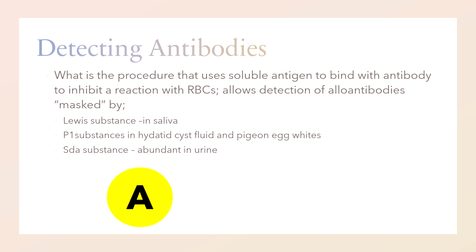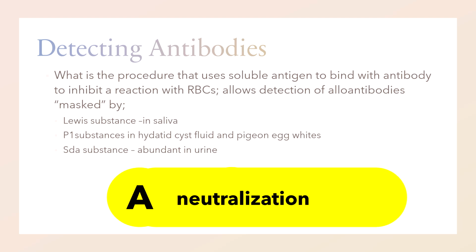It allows detection of alloantibodies masked by Lewis substances in saliva, P1 substances in hydatid cyst fluid and pigeon egg whites, or Sda substance abundant in urine. This is neutralization.